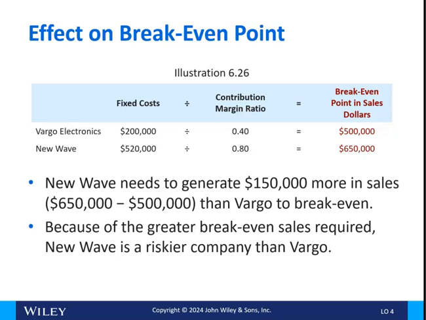They do have a higher contribution margin at 80%, but that still gives us a higher break-even point in sales dollars of $650,000. So New Wave has to sell $150,000 more than Vargo Electronics in order to break even.